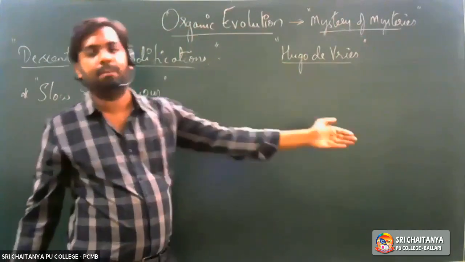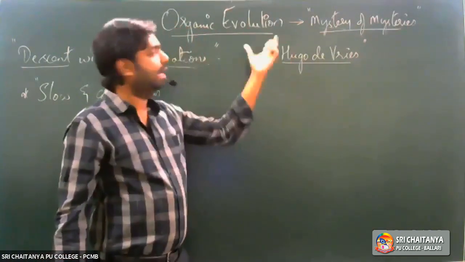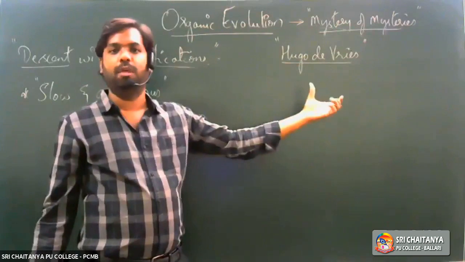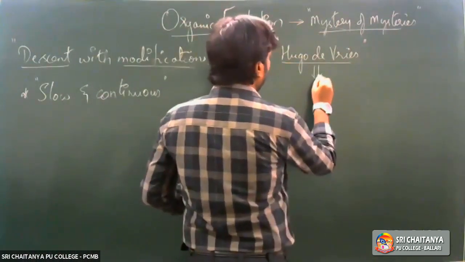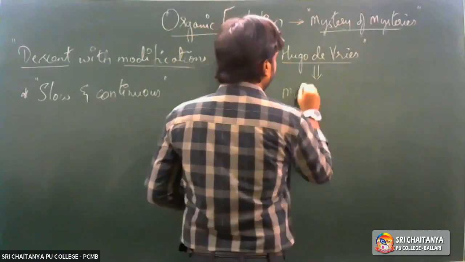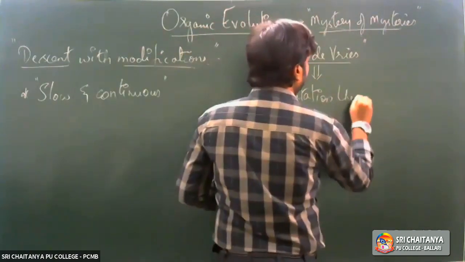After Darwin came up with natural selection, Hugo de Vries came up with his theory, which he called the mutation theory.